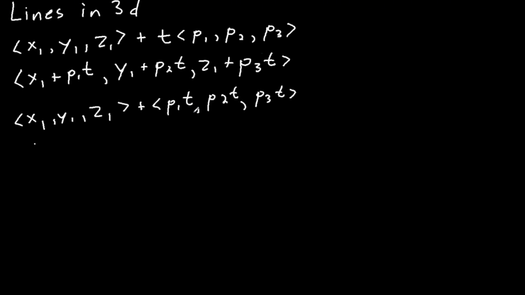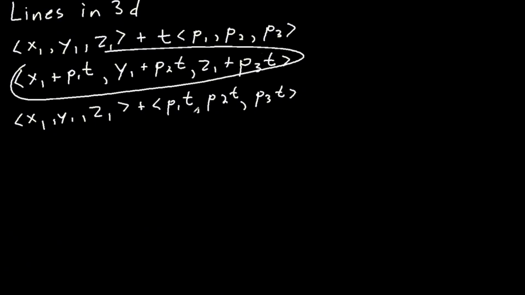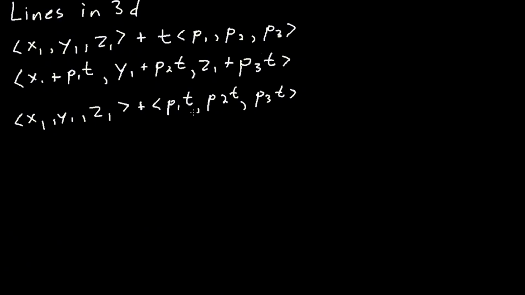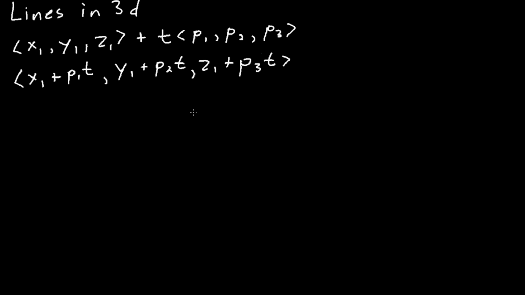And if you add all the corresponding components of each vector here, you get the same thing as what's up here. So these are the two ways you can represent a line in 3D.